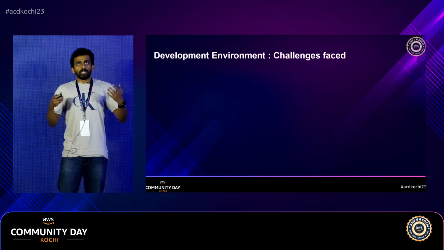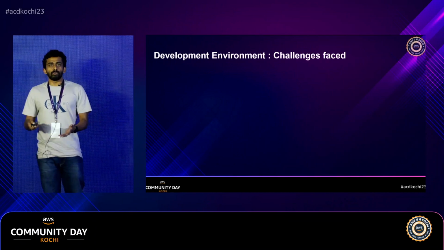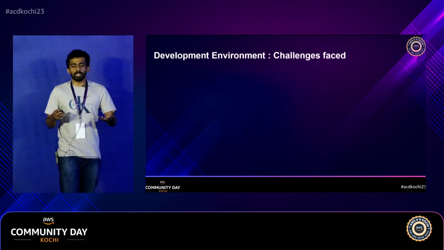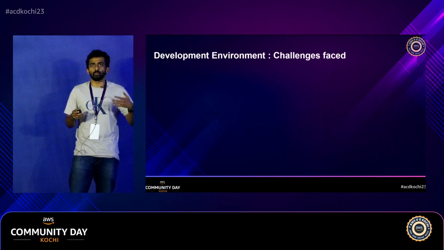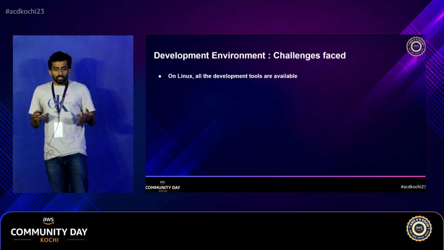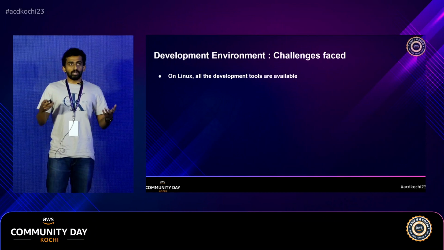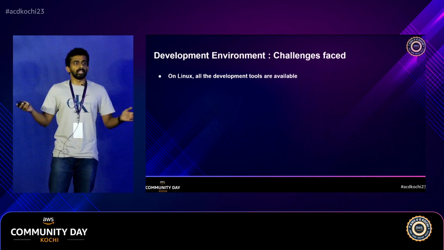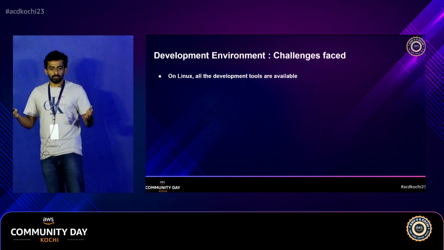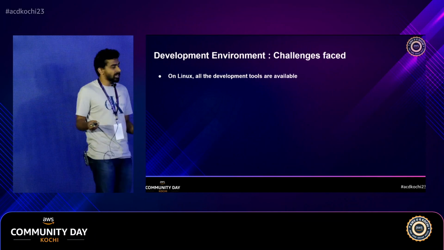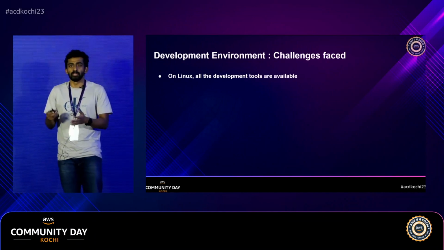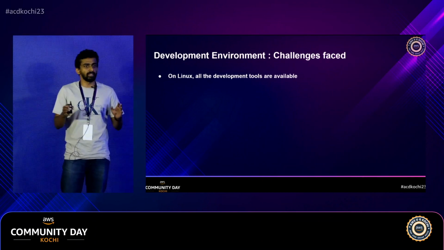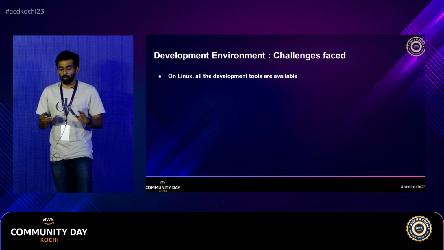So when you are developing with containers, or writing applications to be hosted in containers, developers will have a development environment, and what are the challenges they face? If the developers are on Linux, 99% everything is sorted. All the development tools are available, so you don't need anything additional to do the development, like Docker or Podman. Whatever you need is already open source and available on the OS itself.